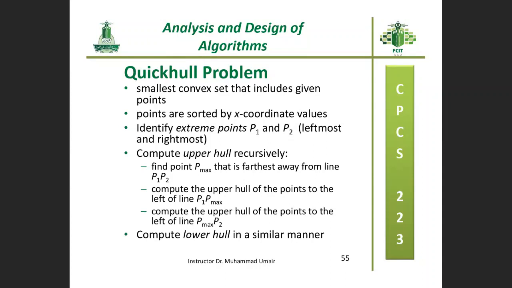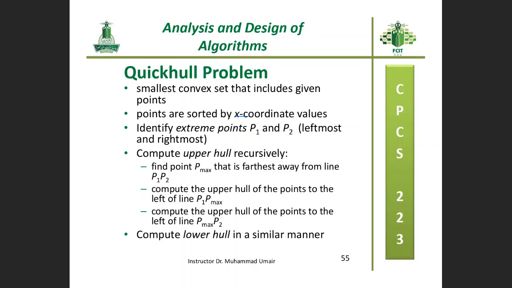But in the quick hull approach, you will sort the data on one of the coordinates, for example x coordinate, and then you will figure out the extreme points, the leftmost and rightmost points of that domain, and join them together. When you join those points by a line, the points will be divided into 2 groups, the upper half and the lower half, and then you will find the extreme distance point from this line, and it will form a triangle.